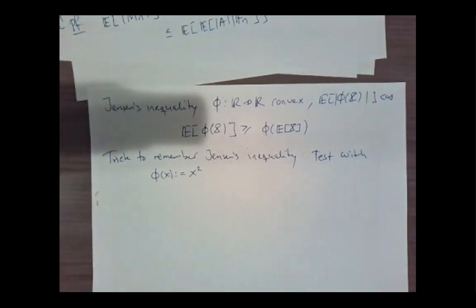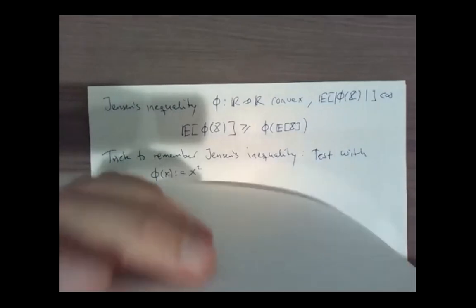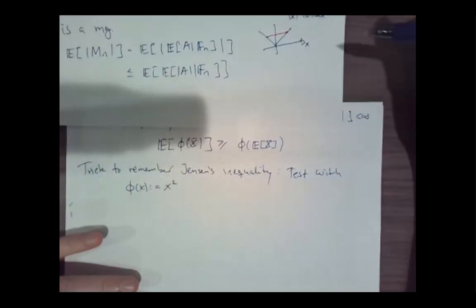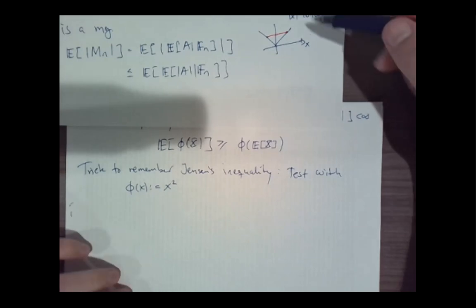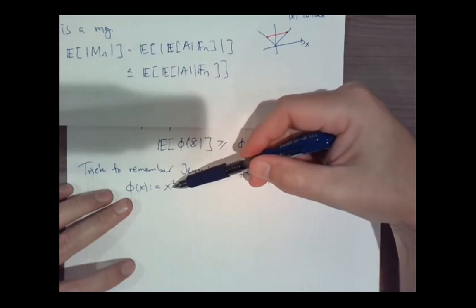If you have seen when you've discussed convex functions somewhere in your past that a function is convex if and only if its second derivative is non-negative, then you can do that test on this one.